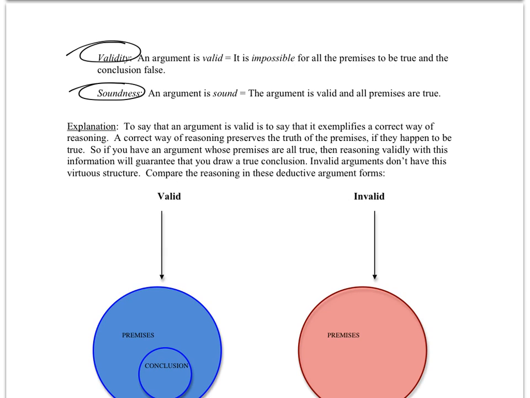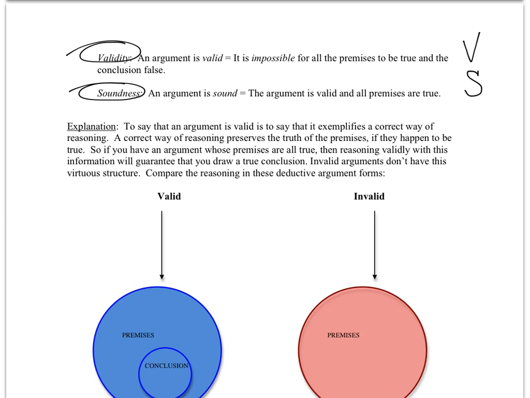The idea behind validity is the idea of whether the premises give the conclusion logical support, whether the conclusion follows from the premises. That's basically what validity is about. Soundness, on the other hand, is where you have not only validity, but you also happen to have all true premises.